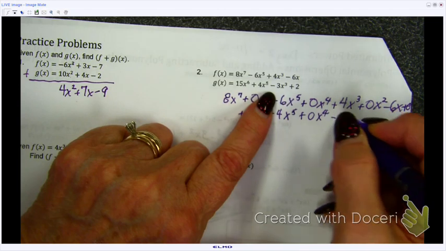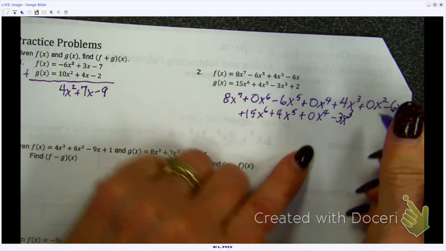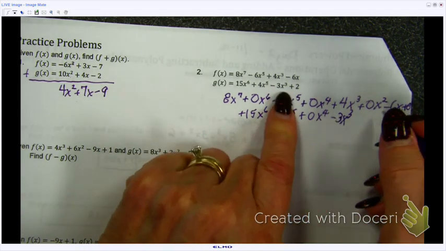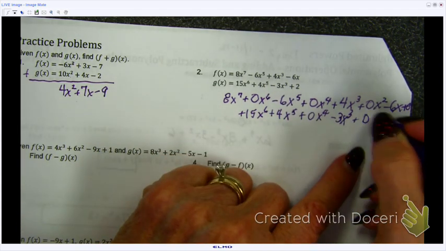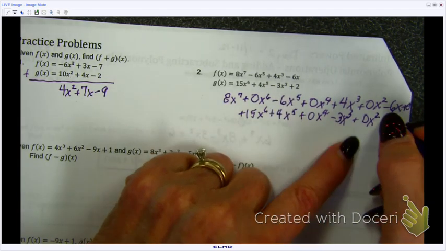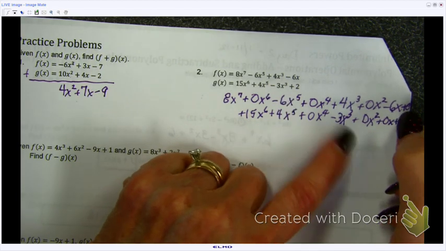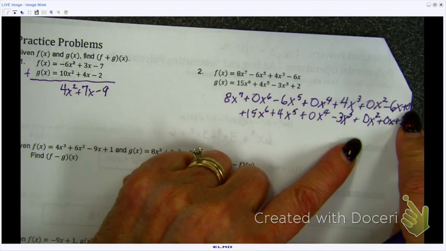We have a minus 3x cubed. We don't have an x squared, so you could have left it out. We don't have one in either part. We don't have an x, so plus 0x, and then plus 2 to add to our 0 over here at the end.